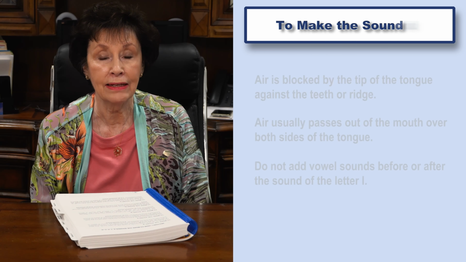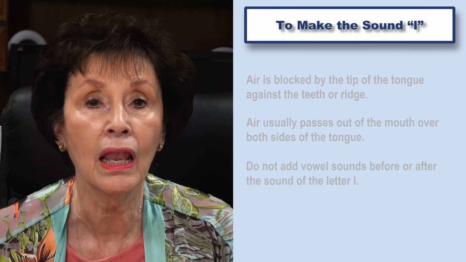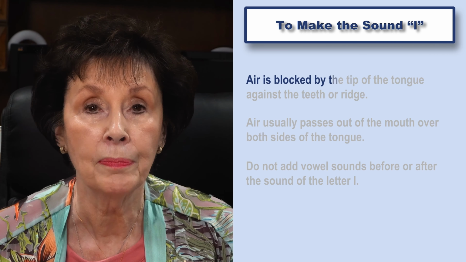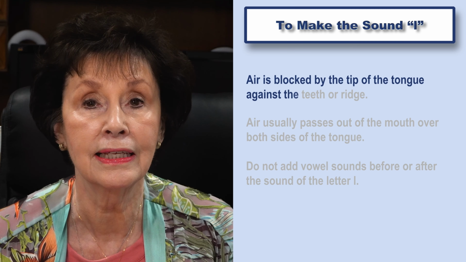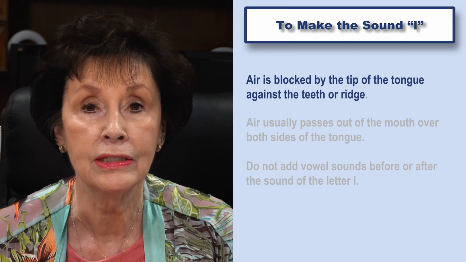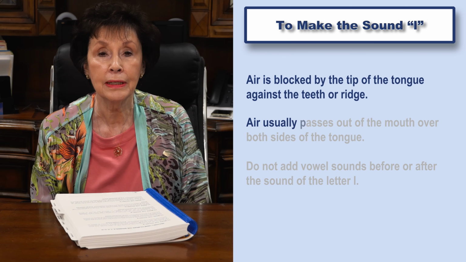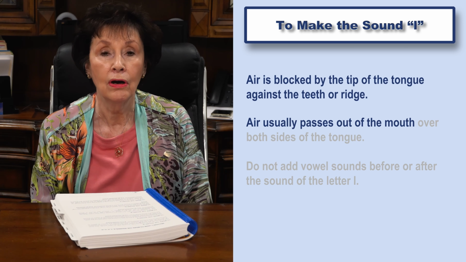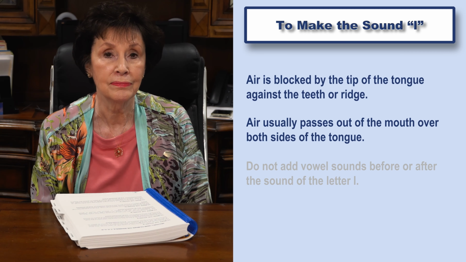To make the sound of the letter L, air is blocked by the tip of the tongue against the teeth or ridge. Air usually passes out of the mouth over both sides of the tongue.